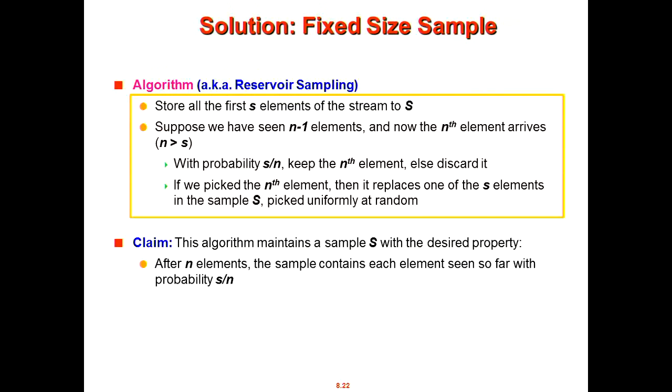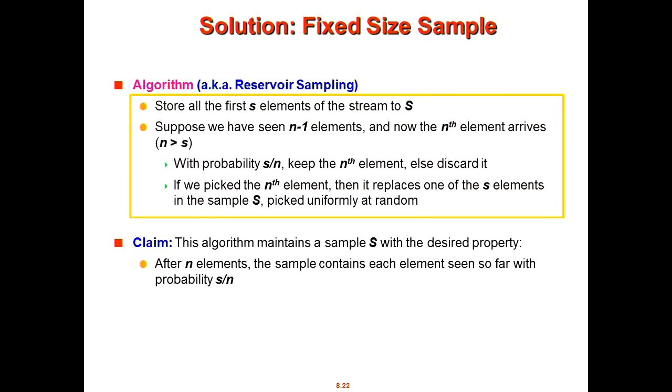So you can see that the algorithm is very easy. Only two steps. For the first S elements, you just put them into S. And then for new elements, the first step is to check whether you want to keep it or discard it. You keep it with probability S over n. If you discard it, then you do not need to do anything. But if you keep this element, you need to do the second step.